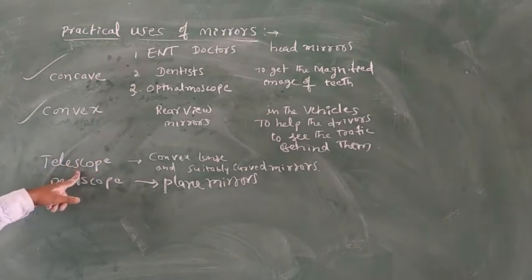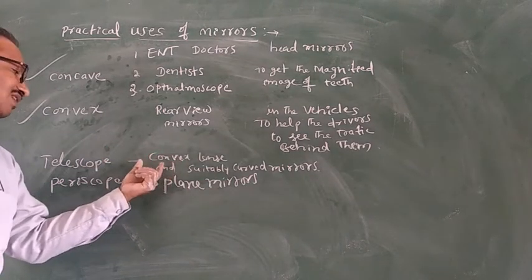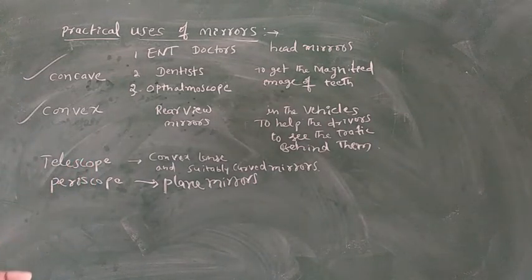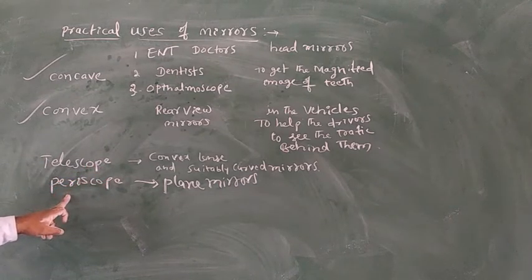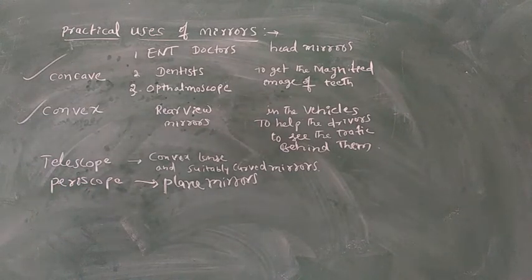In a telescope, they use some convex lenses and suitably curved mirrors. What do we use a telescope for? To observe the things in the universe. And one more instrument is called the periscope. In the periscope, what do they do?